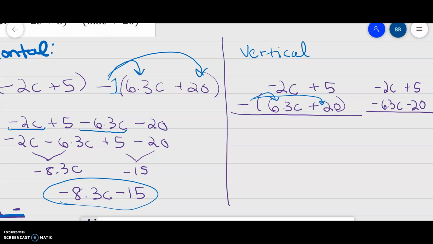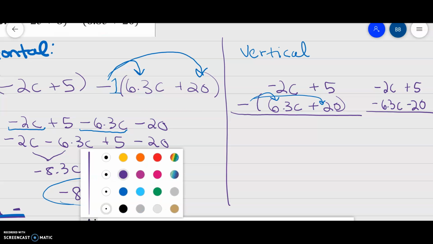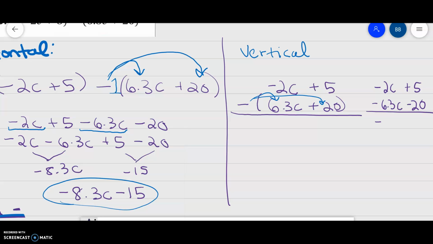So negative 2 minus 6.3 is negative 8.3, and then 5 minus 20 is negative 15. So we get the same answer. You just have to remember when you're subtracting something, you're subtracting both terms.